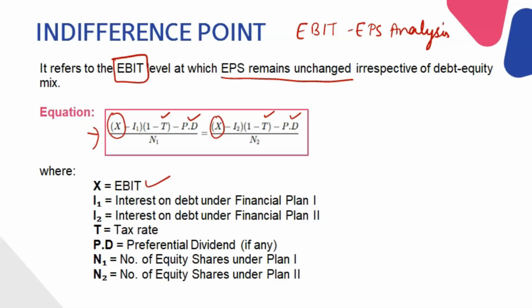And N1, N2: N is the number of equity shares. N1 is the number of equity shares under alternative 1, N2 under alternative 2. So just remember this equation. With the help of this we will find out the EBIT level at which EPS will remain the same.